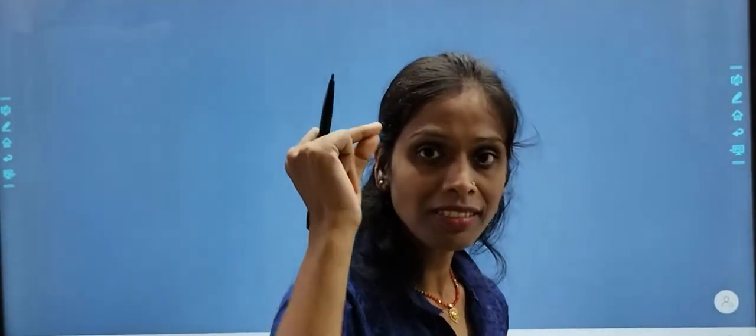Like that, if we observe the sin theta graph, then you will be able to find out the domain and range. So come on the screen and we discuss it. What is the domain and range of sin theta?